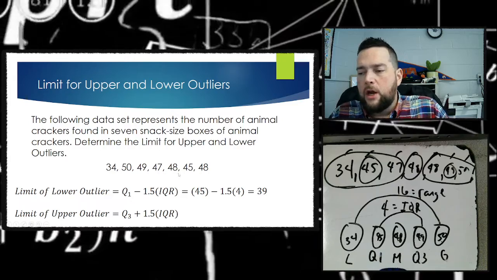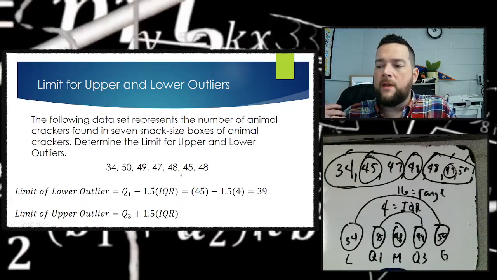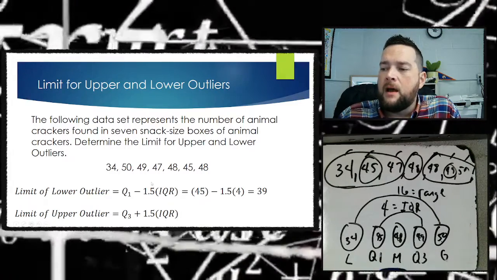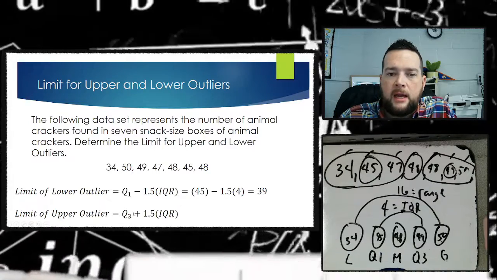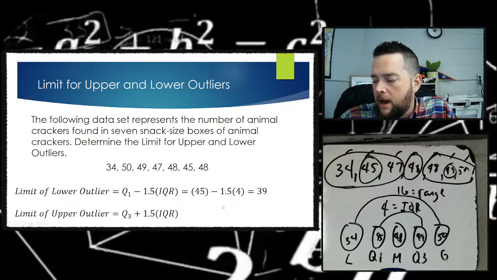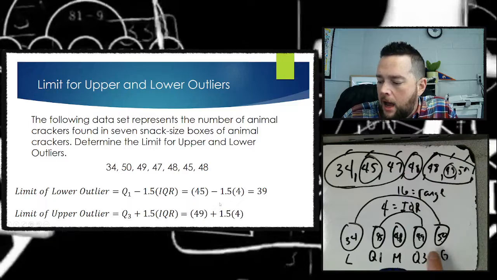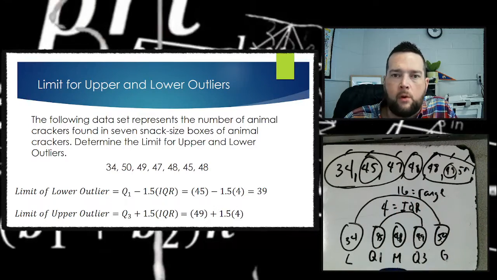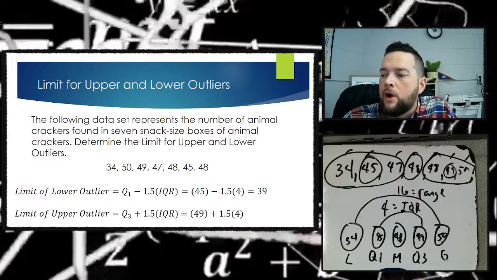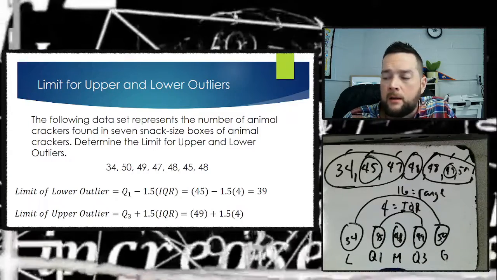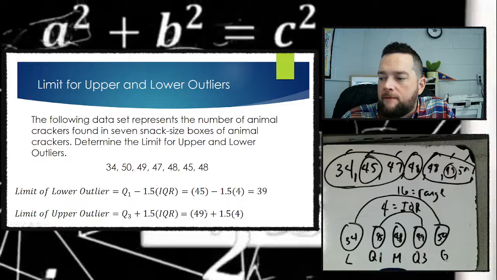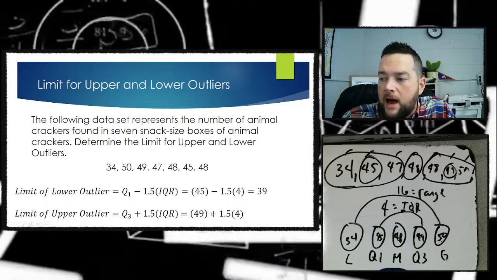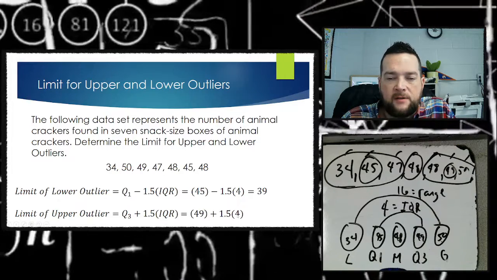Then we're going to do the same thing for the upper outlier. But in this case, we need a Q3 and an IQR. Q3 is going to be 49, and our IQR is still going to be 4. So we're going to plug those into the formula, and the formula now says 49, that's our Q3, plus 1.5 times 4.